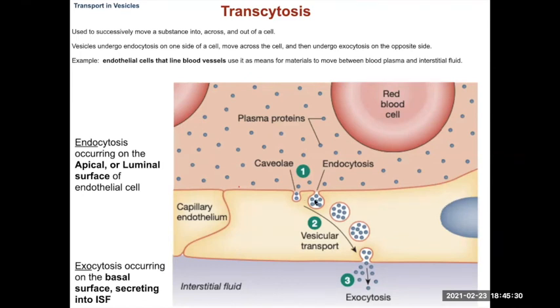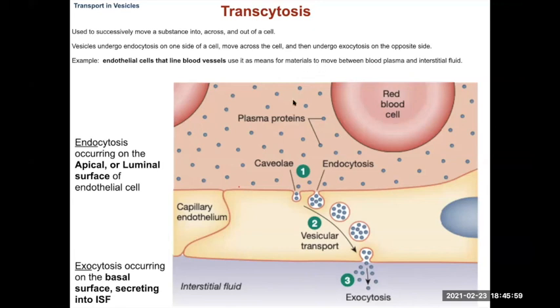They get brought into these cells on the luminal side, that's facing all the blood, and then go across this simple squamous cell over here, and then are released on the other side right here. This is called transcytosis. This is one of the major examples, these endothelial cells that line the blood vessels, moving it from one side to the other.